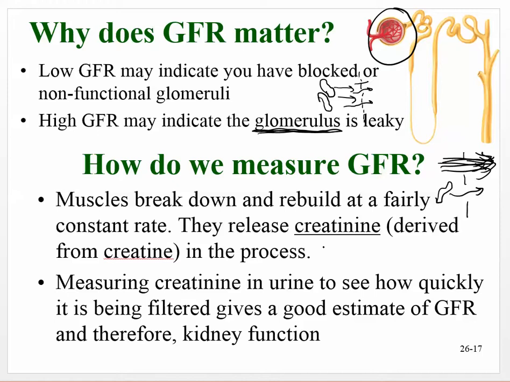Usually we make this molecule called creatinine. And creatinine is just a breakdown product of something else called creatine phosphate. I don't know if you remember back from the cardiovascular system, but creatine phosphate was just this little thing that held on to a phosphate group, and then it would transfer it to an ADP if you needed a very, very quick source of ATP.